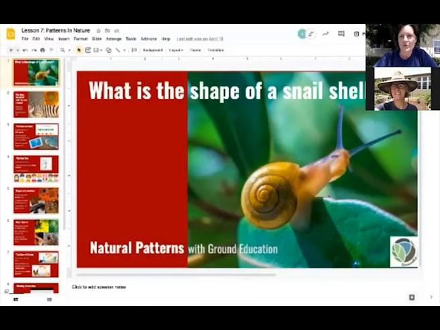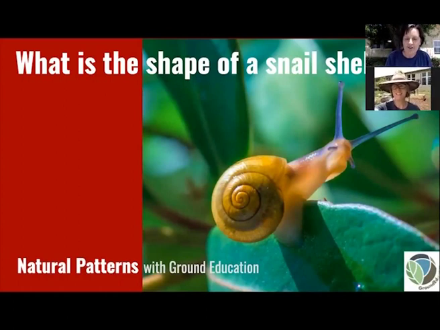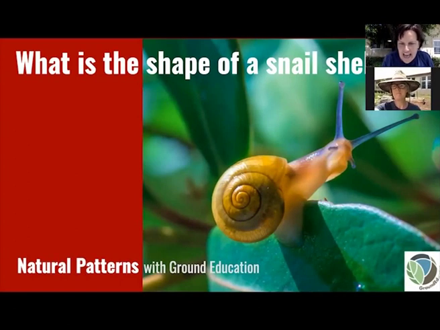All right, here we go. I'm going to share my screen. And there we go. What do you see on this first slide, my friends? Ooh, have you ever seen a snail in the garden? They carry their own house right on their back. And I'm wondering if you've ever looked closely at the shape of that snail's shell.